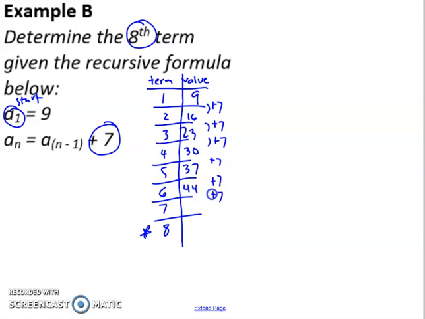Plus 7 is 51. Plus 7 is going to put us at 58. So my 8th term is 58. Okay, and you can just use your calculator, keep adding 7, and see where you end up.